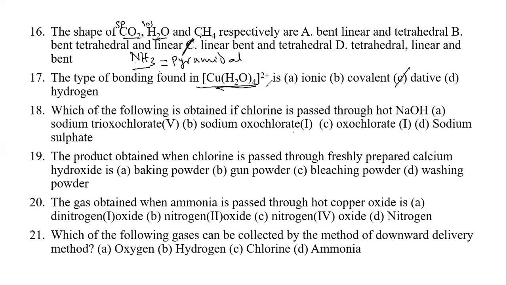When you see these types of molecules, you should know that it's dative or coordinate covalent bonding. Which of the following is obtained if chlorine is passed through hot sodium hydroxide? You need to know that the reaction of chlorine with cold NaOH is going to give you sodium hypochlorite.